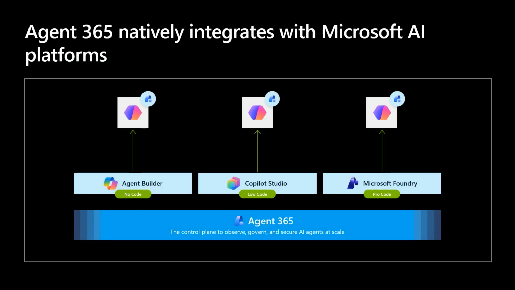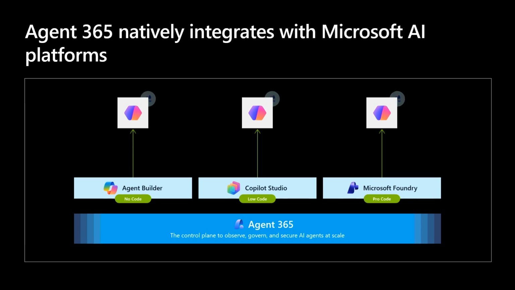So building on that, Agent 365 also gives developers a clear path to make sure the agents they build are manageable inside it. Sunil, when a maker or developer is working in Agent Builder, Copilot Studio, or Foundry, what do they need to do to get Agent 365 controls on their agent?